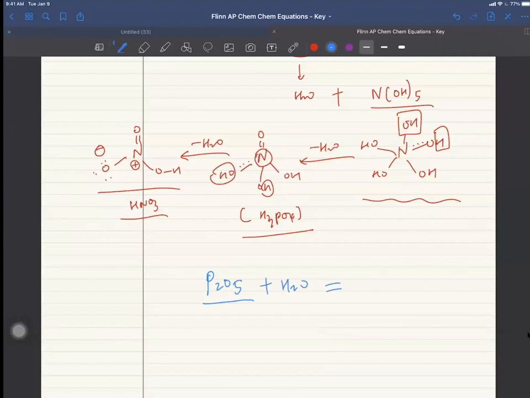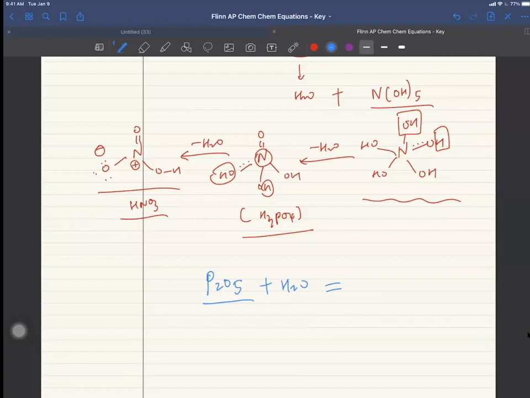Phosphoric pentaoxide. Can you say that again? Diphosphoric pentaoxide. Okay, very close.